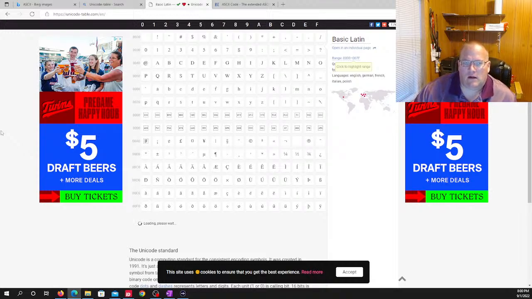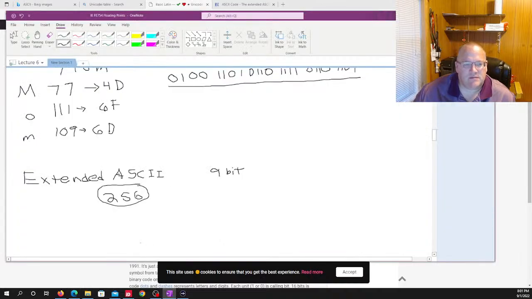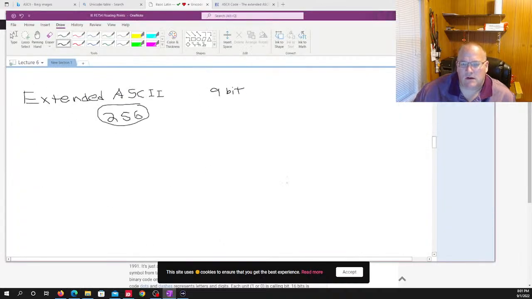And as we move forward in time, computers got so that they were 16-bit computers. And so once you get to 16 bits, now you can do your Unicode. So Unicode is 16 bits.